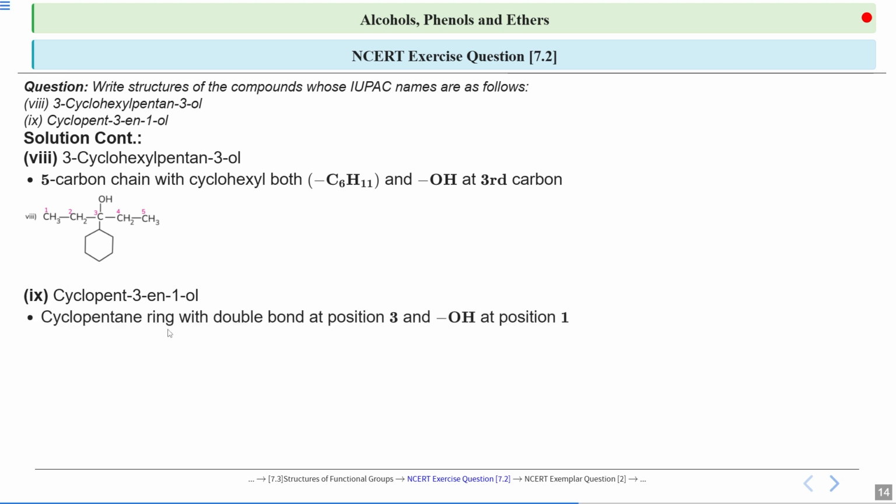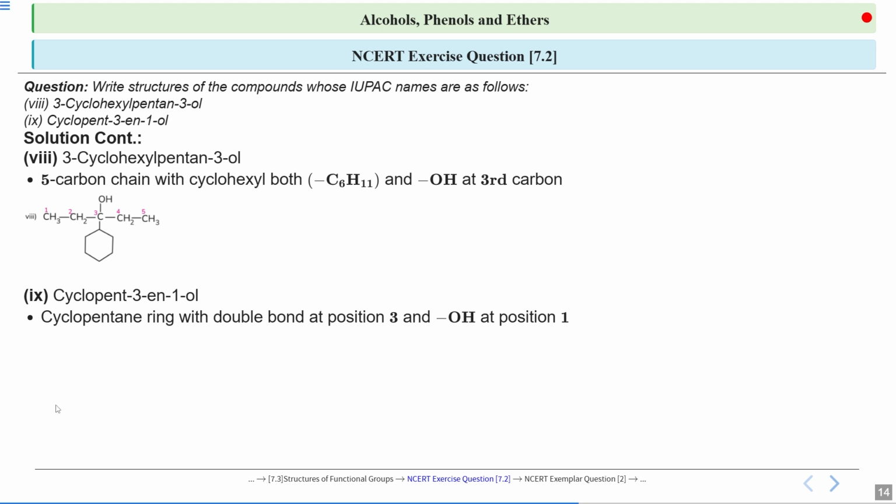So we have a cyclopentane ring with a double bond at the third position because it is given as 3-ene. The ene suffix is for alkenes, that means a double bond between carbons. So in the cyclopentane ring, at the third carbon we have the alkene, meaning a double bond, and there is an OH group, that is the alcohol group, at the first position carbon.